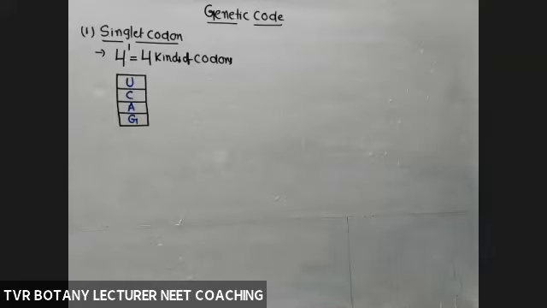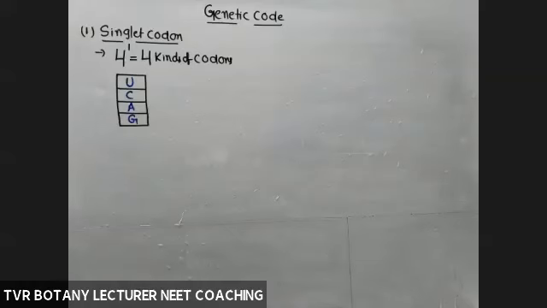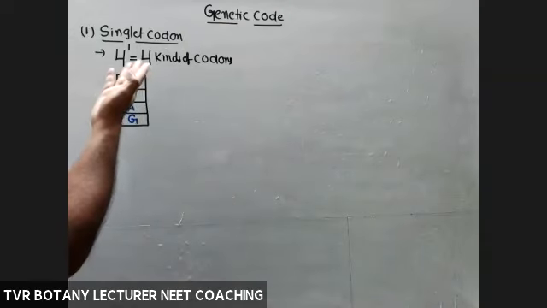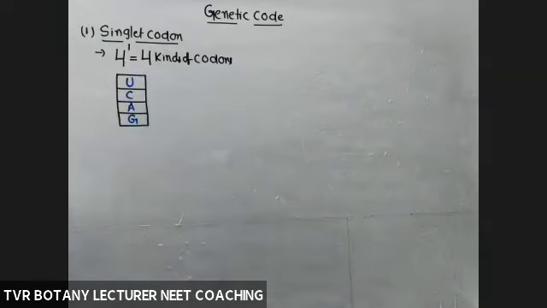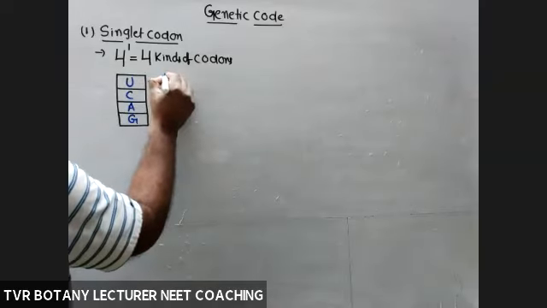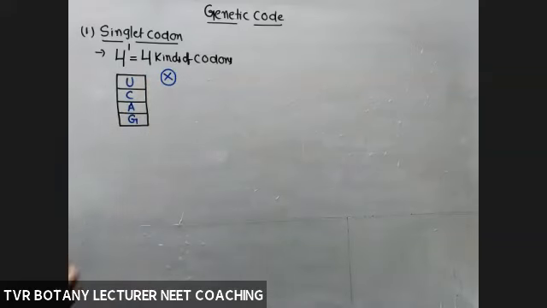C itself, one codon. A itself, one codon. G itself, one codon. So here, the number of kinds of codons is very much less than the number of kinds of amino acids. So this type of singlet codon concept is a wrong one. Insufficient.